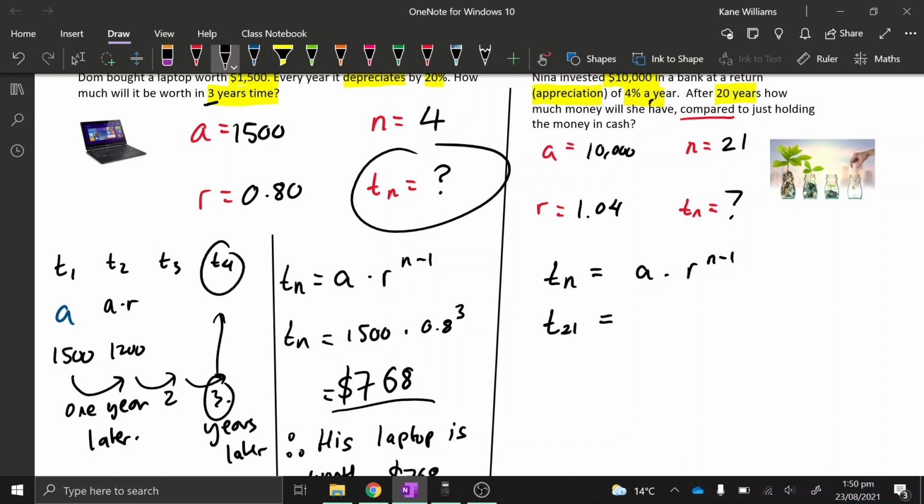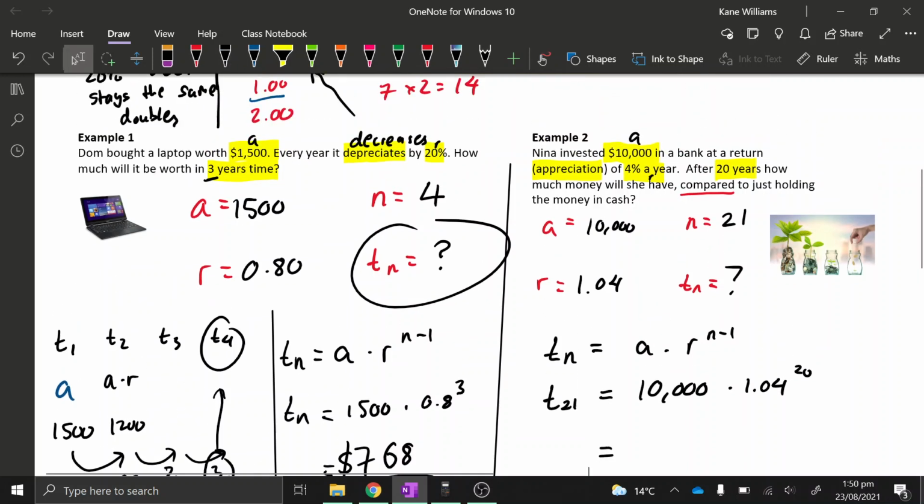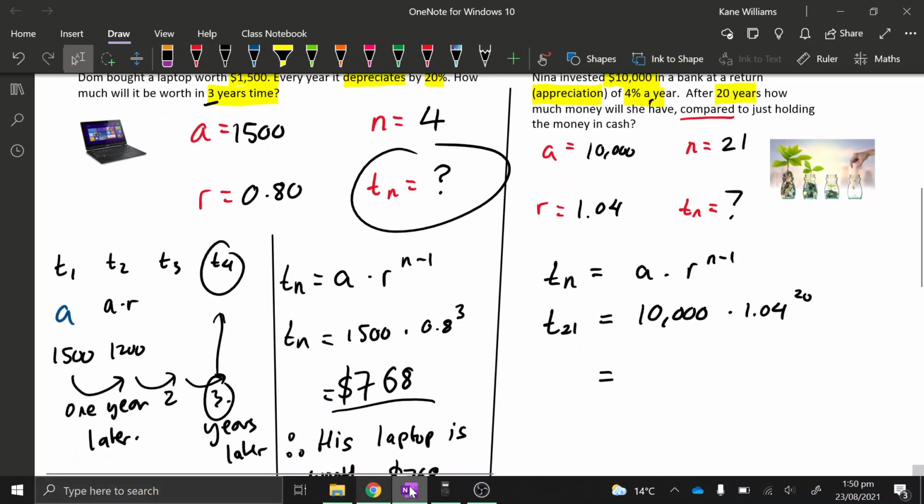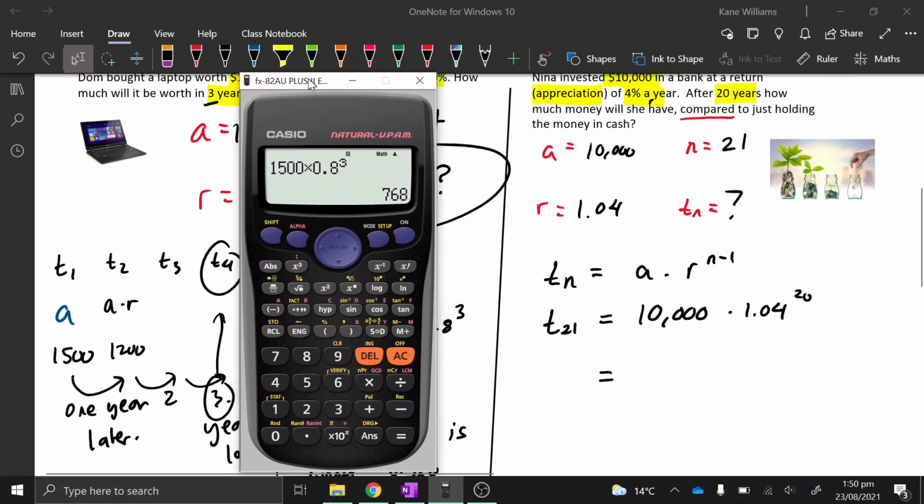So T21, because we know N is 21, is 10,000 times 1.04 to the power of 20. Put it into the calculator. 10,000 times 1.04 to the power of 20. 21,911.23.